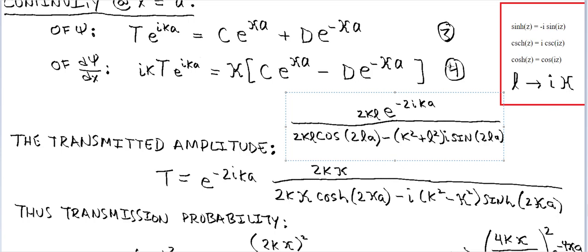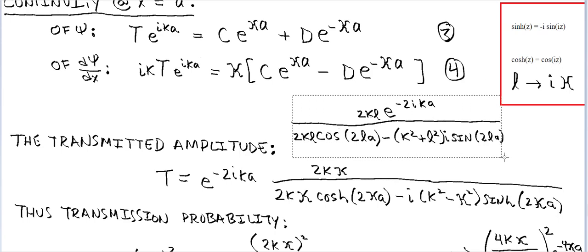I will leave it to you to decide whether or not you actually want to do this. If you take all of these and swap out i kappa for each of the L's, and you remember your hyperbolic trig identities, that hyperbolic sine of z is just equal to minus i sine of iz, and hyperbolic cosine of z is just equal to cosine of iz.